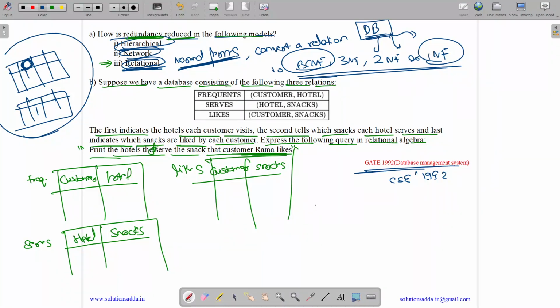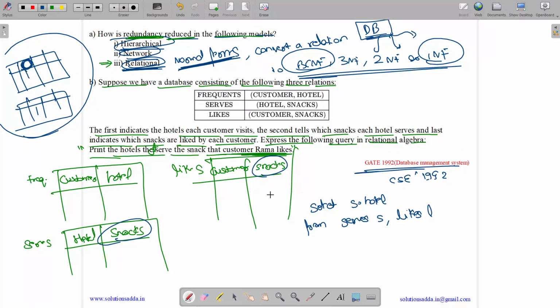So how can we write the SQL query? We just need select s.hotel. We just need the hotel names. From what do we need hotel names? We need to do the cross product of serves table renamed as S, likes table renamed as L. What do they have in common?